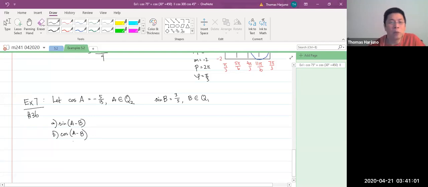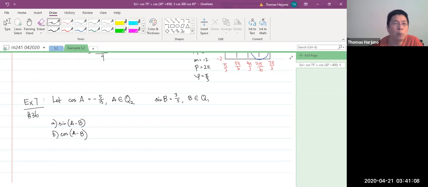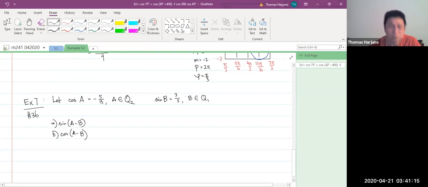Now, what makes this question hard is the setup. Let me do angle B first. Sine B is 3/5. B is in quadrant 1. That's what makes it easier because it is in quadrant 1. So I will draw the triangle. Let's say this is angle B. Now sine B is 3/5.